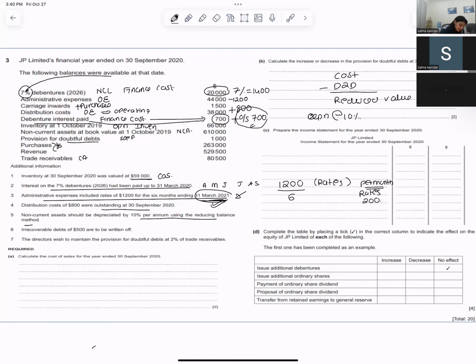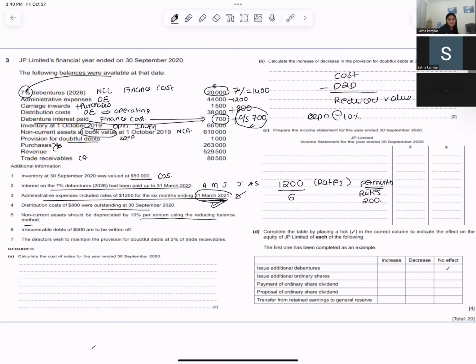What is the non-current asset? They have already given you the reduced value, the book value. On this you remove your depreciation of 10%.